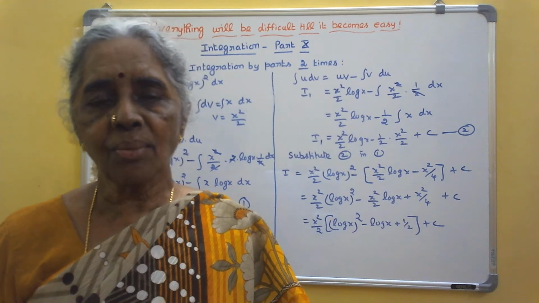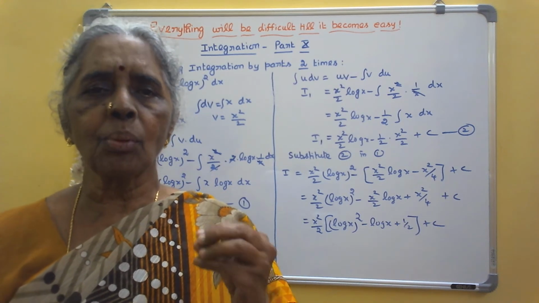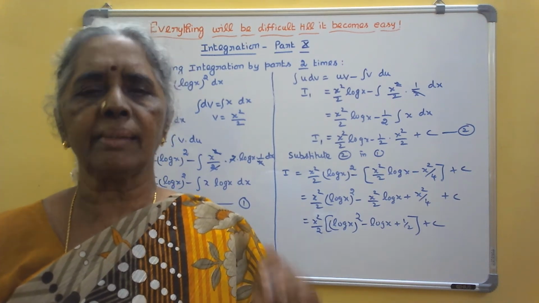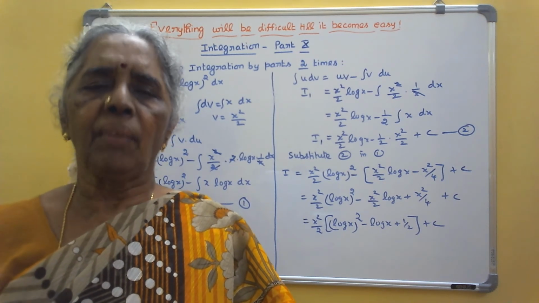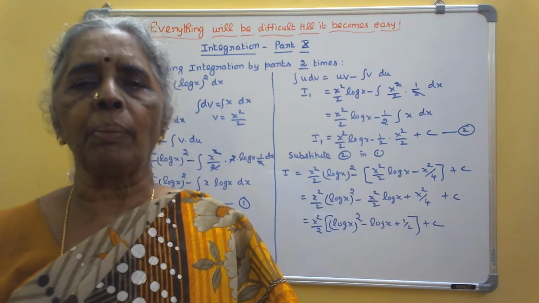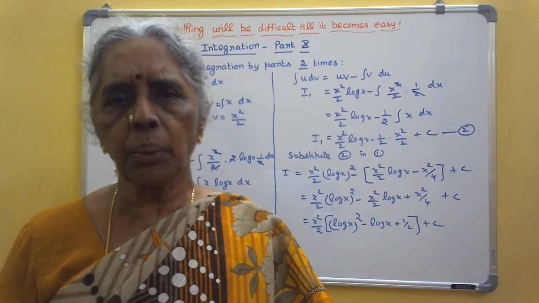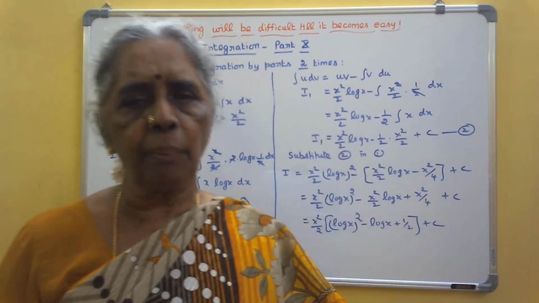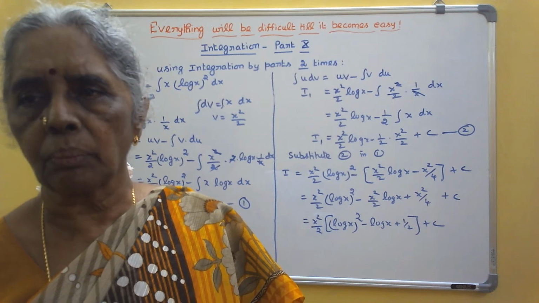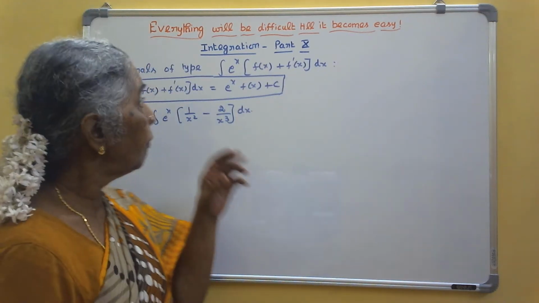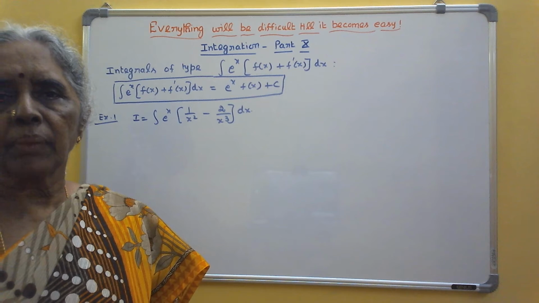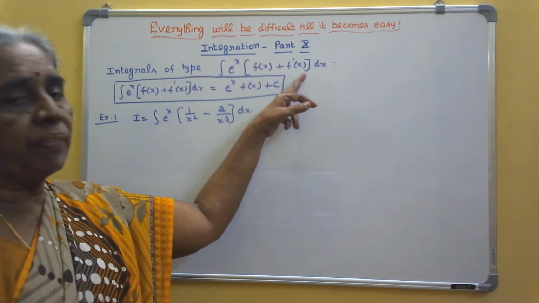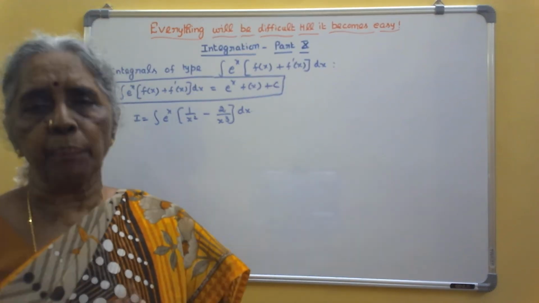So now let us go to another new concept and a new formula. Actually, that is based on this integration by parts only, but we will be learning it as a formula and we will use it. No need to know the derivation, how it comes and all, but it is based on integration by parts. Okay, we will go to that now. For integrals of type integral e power x into f of x plus f dash of x dx, you will have an e power x.